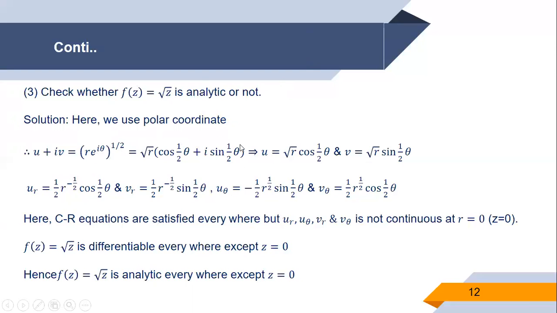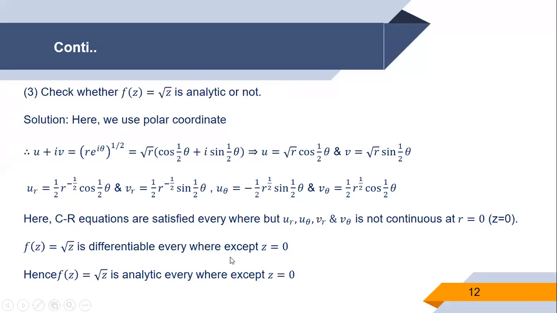So the real part u is equal to root r cos theta by 2, and the imaginary part v is equal to root r sin theta by 2.